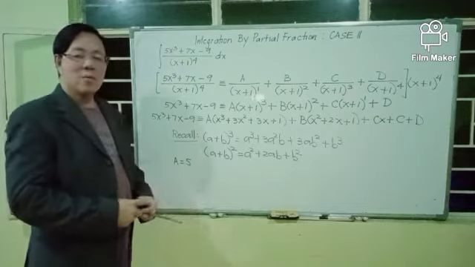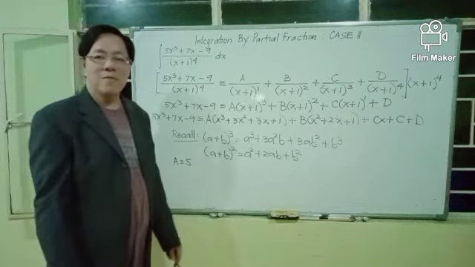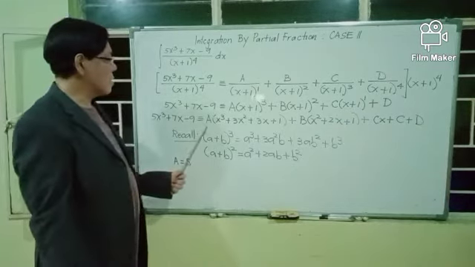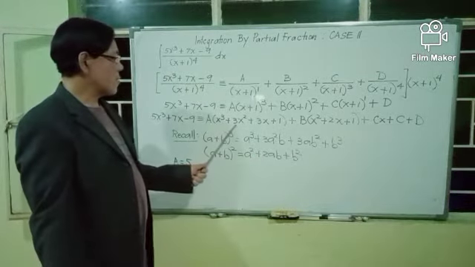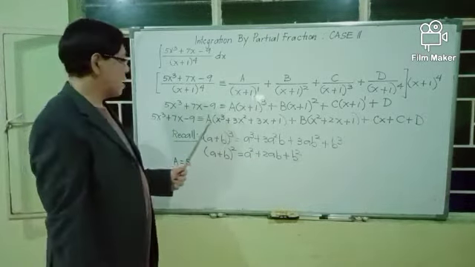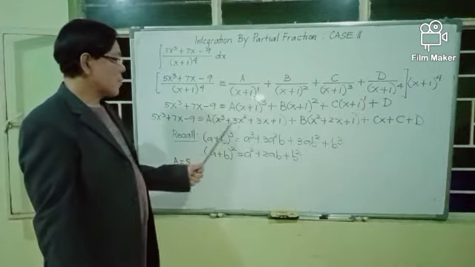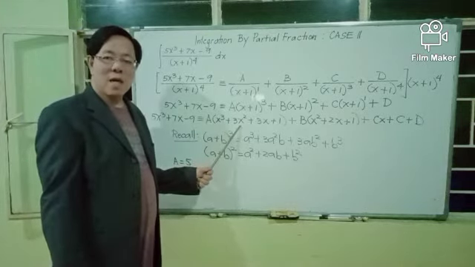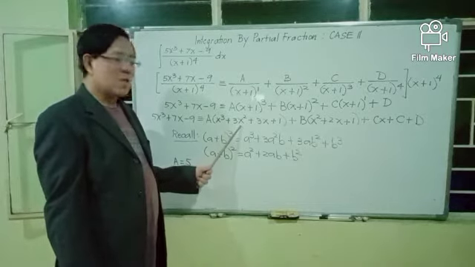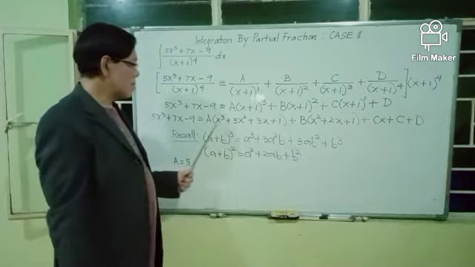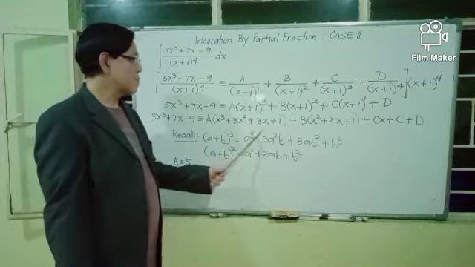Next, we equate the coefficient of x^2 at the right-hand side. If you multiply 3x^2 by a, you get 3ax^2. And the coefficient of x^2 is 3a for this term.